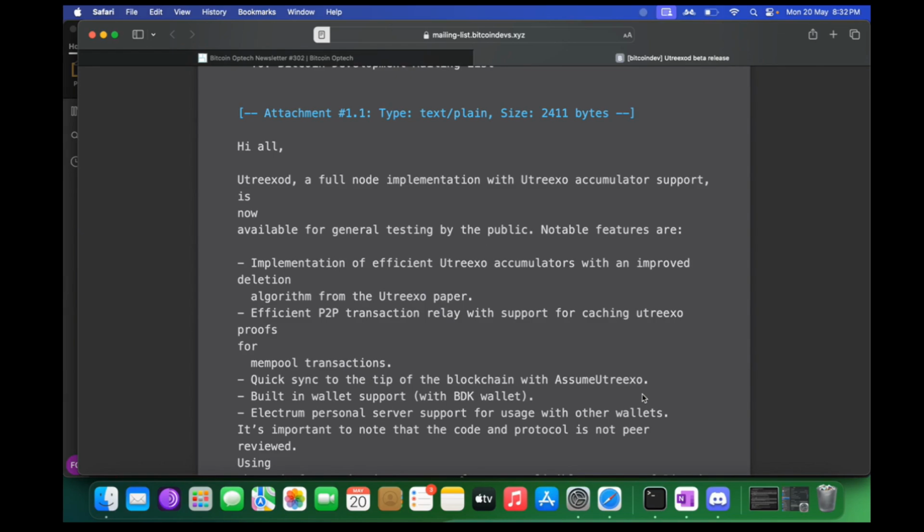So what Assume UTreeXO does is that it validates... my high level assumption is that it validates the Merkle tree. Or I think no, it does not validate the Merkle tree. I think it validates the headers. Sorry, yeah, it will validate the headers, and it will start functioning as a wallet.